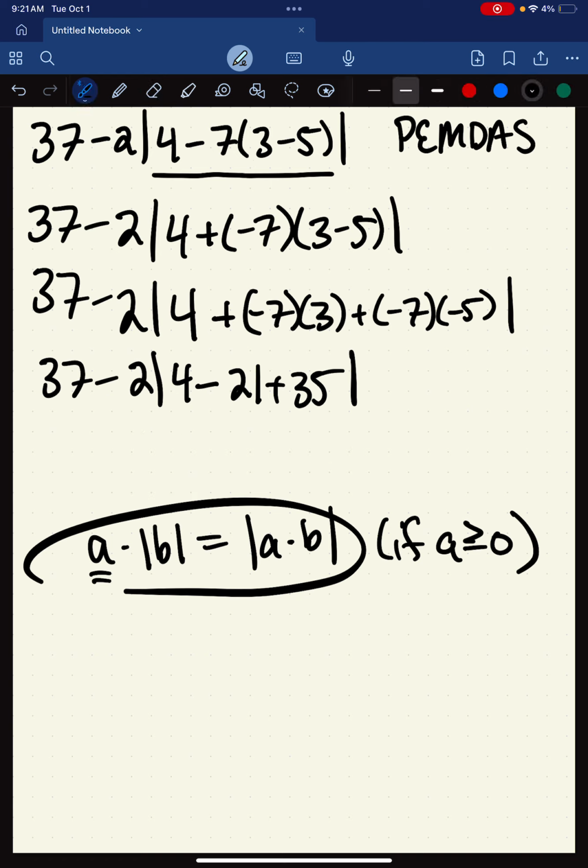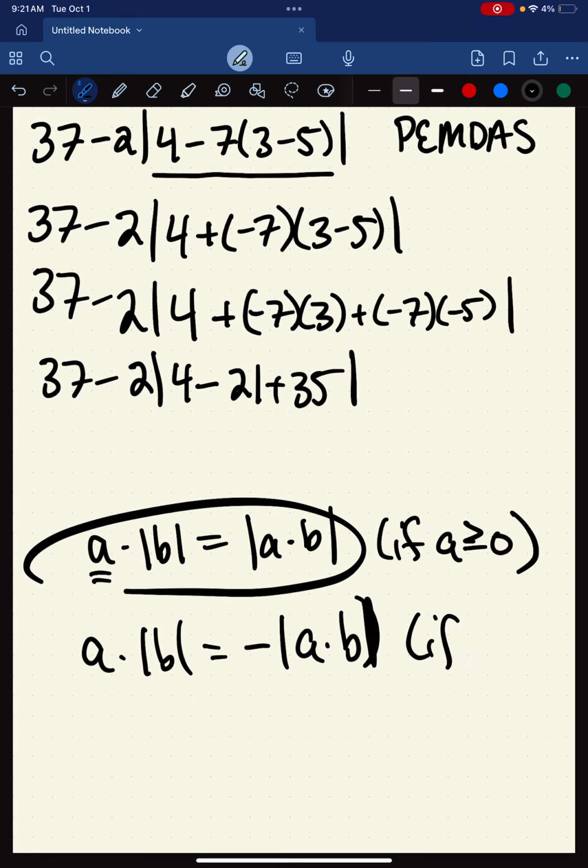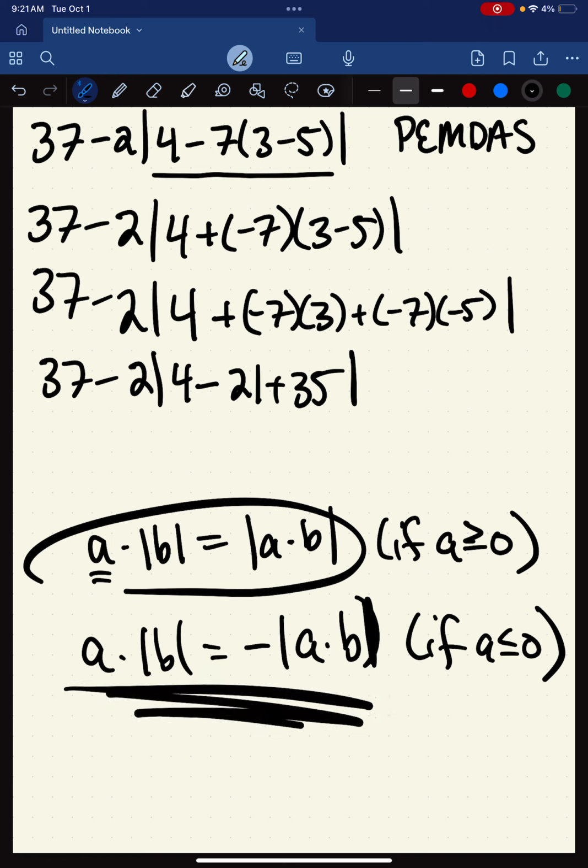One more thing: otherwise, A times the absolute value of B is negative A times B. That is if A is less than or equal to 0. So this is actually the property we're going to use.